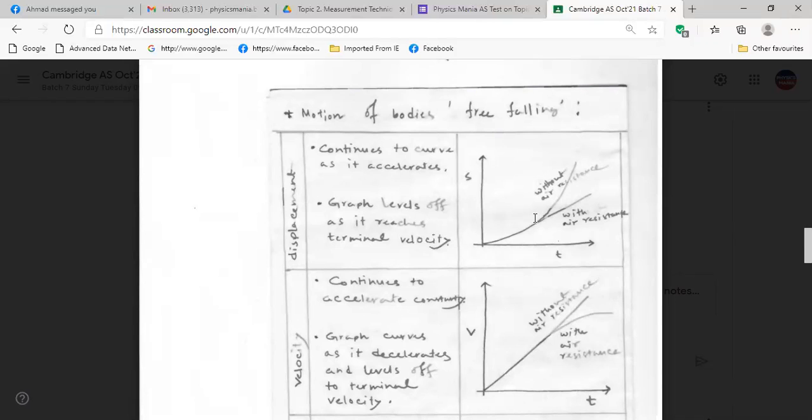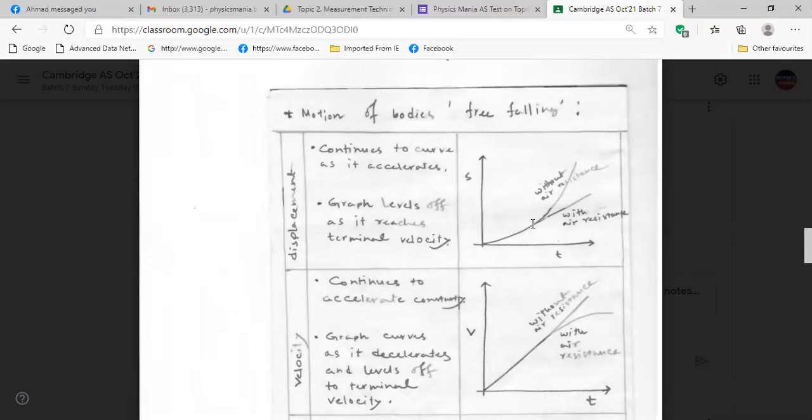So this part we see curved because air resistance is still not working on the object. That's why we have constant acceleration, the shape of the graph.